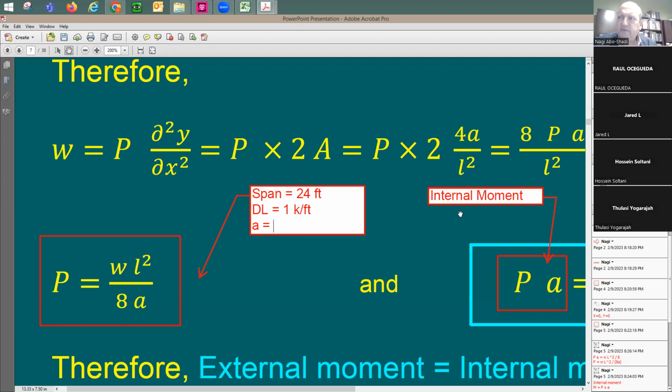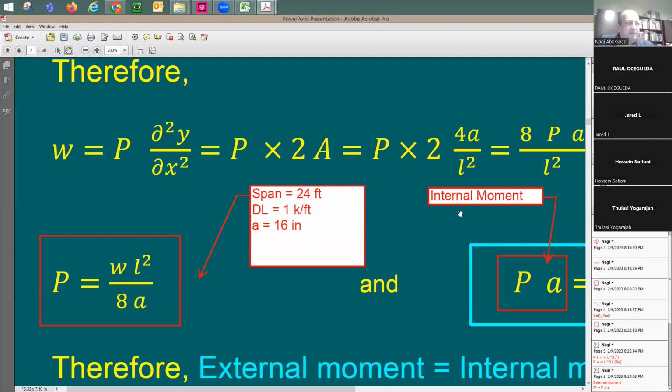12 inches? 24 inches? 6? No, 6 is going to be very small for 24 feet. We're going to say here 16 inch, okay? All right.